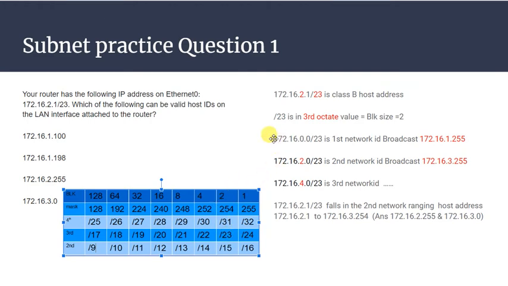We can write down all the possible networks: 0, then incrementing by the block size of 2, the next network is 2, and another is 4. If the same question asks the number of hosts, it will be 512 hosts, because 2.0 to 2.255, then 3.0 to 3.255, so that is 512 hosts, because the block size is 2 here.